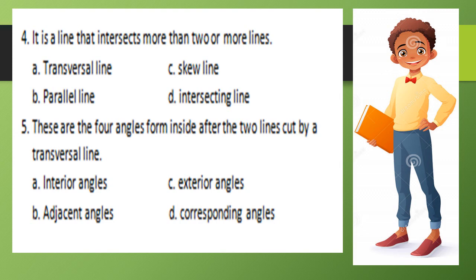The answer is interior angles, because exterior angles are formed outside after the two lines are cut by a transversal line, while adjacent angles share a common side. Corresponding angles must consist of interior angles as well as exterior angles on the same side.